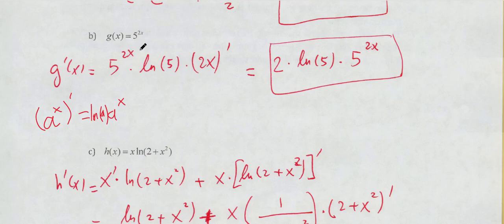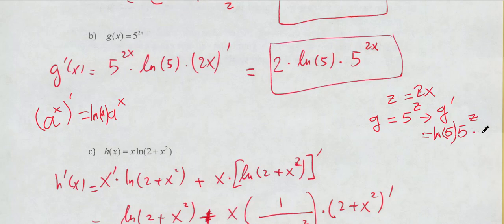In this case, we don't have just x in the exponent, but we have something with 2x. Again, this is the term matched to the basic function. That's why I let z be 2x. Now the function g should be 5 to the z, and when we take g prime, you end up with 5 to the z according to this rule, and then multiply by the ln of the base 5.